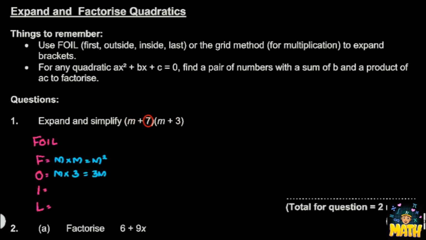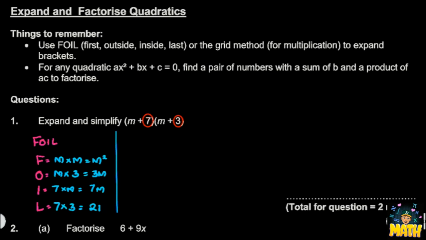Right there. And then we go to the inner, which is 7 and m. And when I multiply them together, I get 7m. And then the last ones is 7 and 3. When I multiply them together, I get 21. So the next step is to put all of them together and add them.